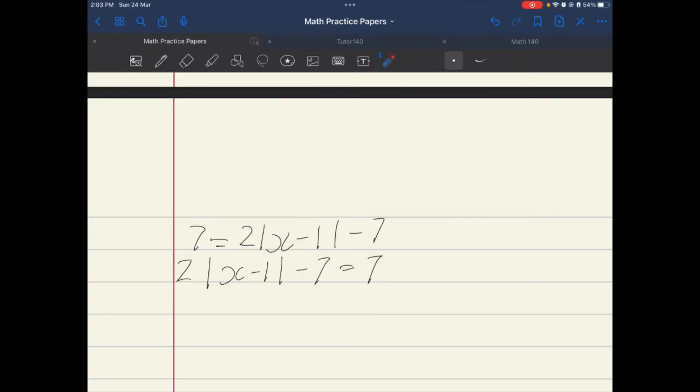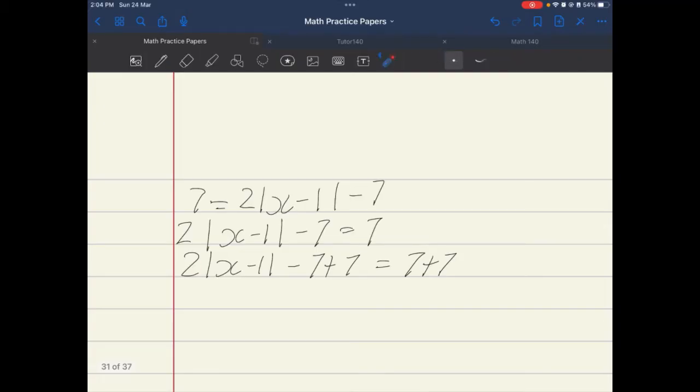The first thing we have to do is isolate the absolute value. To do that, we have to add the 7 first so it can cancel, since it's a negative 7. So 2 absolute value of x minus 1, minus 7 plus 7, is equal to 7 plus 7.